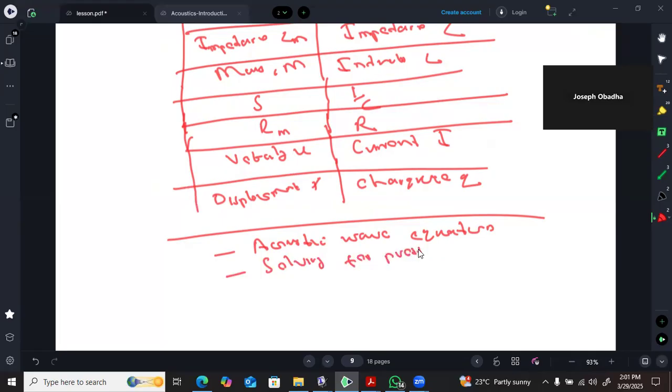But once you have solved for the pressure, what are the other acoustic variables? And how do they relate to the mechanical and electrical variables? That will be the content of our next slide. The acoustic wave equation, how we solve the equation, and how we relate the variables, so that we can understand the variables in the acoustic field.